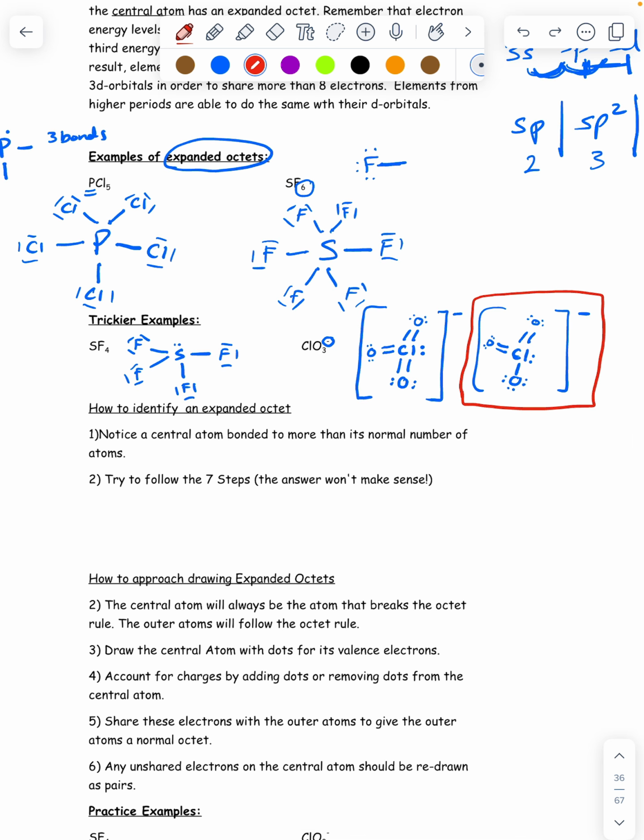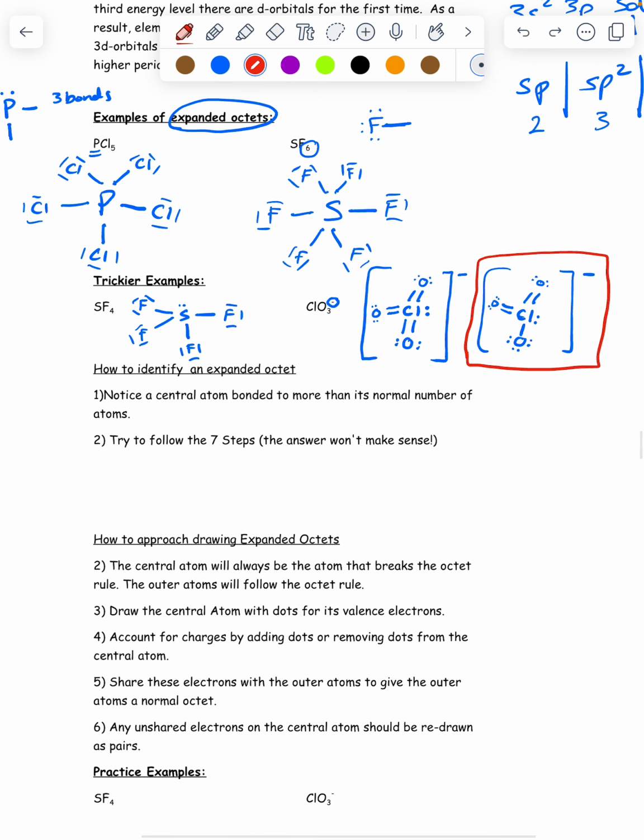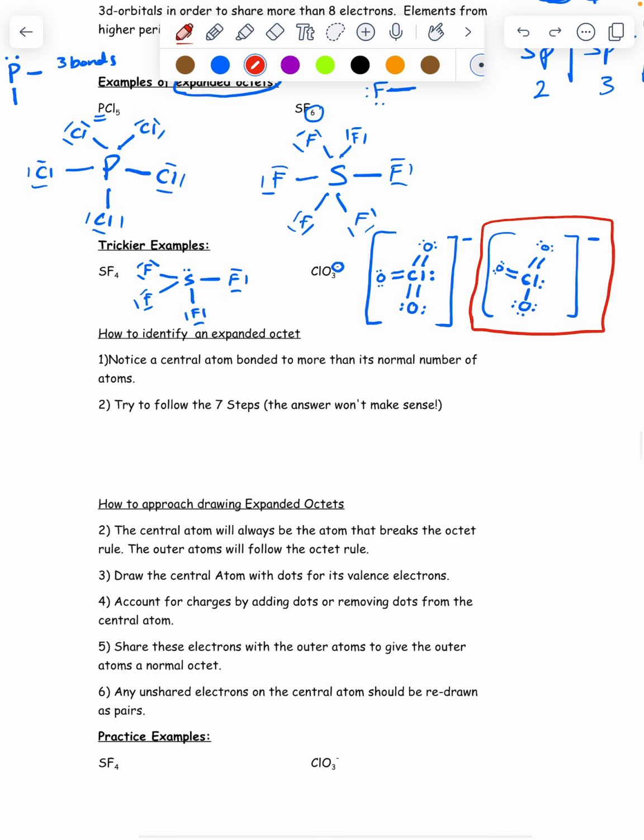Other things that come up: if you try to do the 7 steps for these expanded octet examples, they won't work. They won't make any sense because the 7 steps tell you how to follow the octet rule, and these don't follow the octet rule. So if you did SF4, for example, you'd say, I have 6 from sulfur, and 4 times 7 from fluorine, so I have 34 electrons.